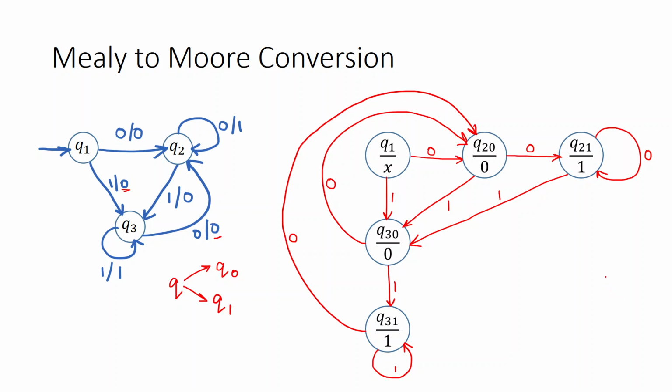You note one thing, when I am drawing the state diagrams, I am being very careful that I am not crisscrossing the loops, crisscrossing the arrows. So I am taking the arrow from this side so that I don't have to crisscross the arrows. So always try to draw the state diagrams in such a way that you don't need to crisscross the arrows.